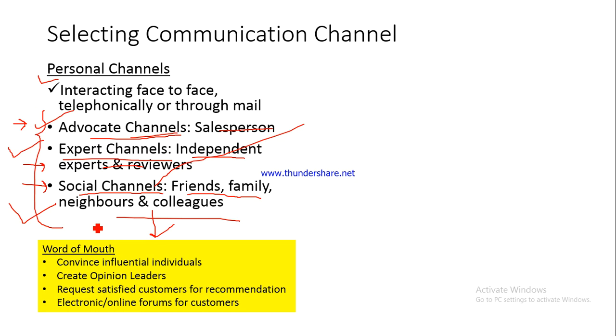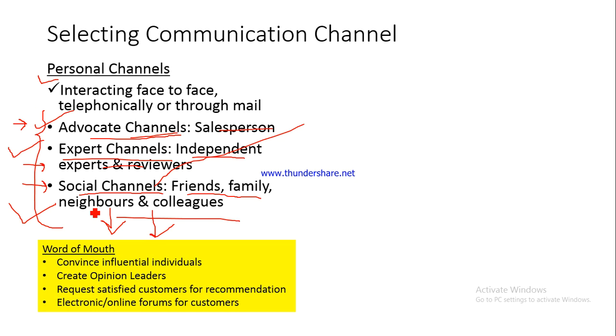Now that is why you should understand that word of mouth is going to be a very, very important factor. Why? Because word of mouth is basically spread through social channels and people tend to have greater trust in social channels, and that is why word of mouth is very, very important. And how can you have a good word of mouth going about for your product or your service or whatever you are trying to sell to the public?